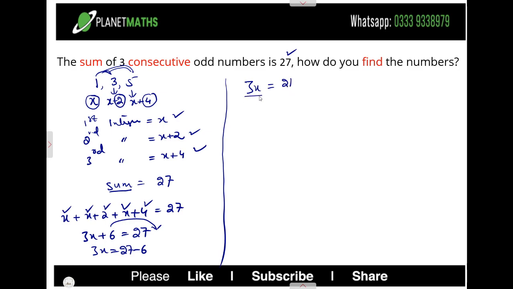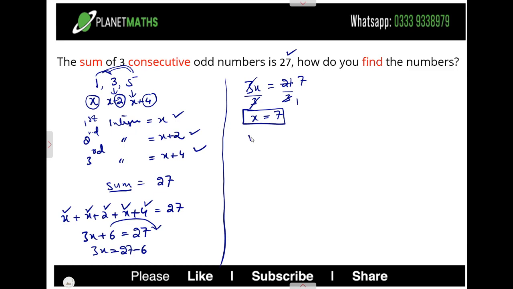Now divide both sides by 3. 3 will cancel with 3, x will remain, and 3 ones are 3, 3 sevens are 21. So the value of x is 7, and x was our first odd integer.